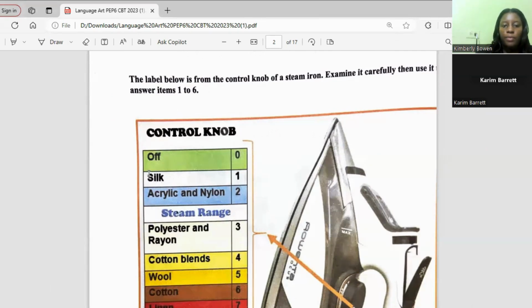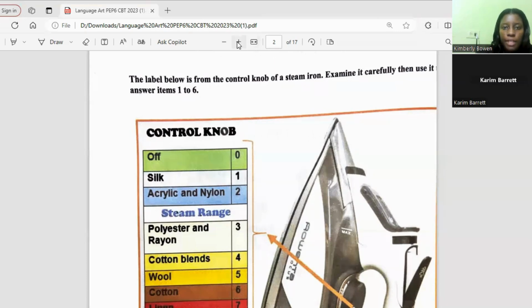All right, question 1 reads, the label below is from the control knob of a steam iron.